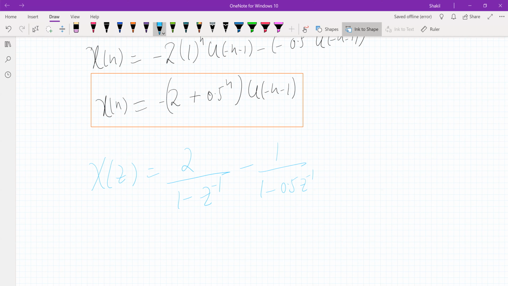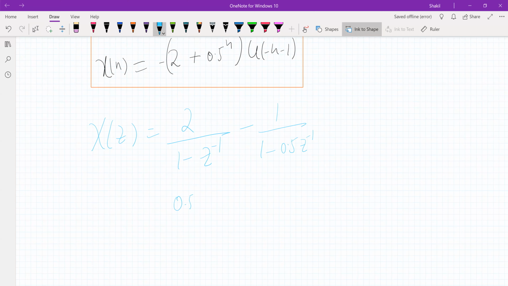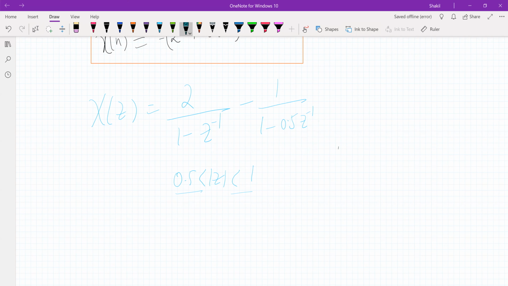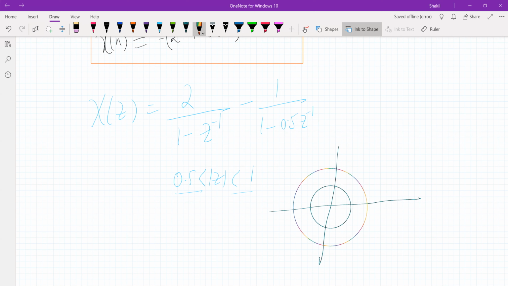Now if I say the region of convergence is 0.5 less than magnitude of z, less than 1, what is it saying? It means the region of convergence is greater than 0.5 but less than 1.